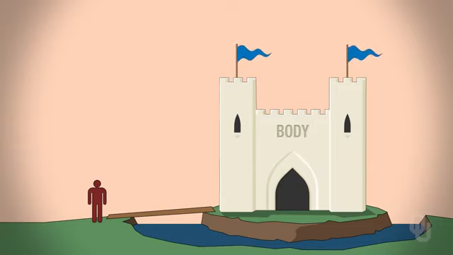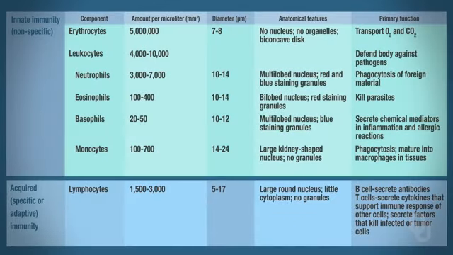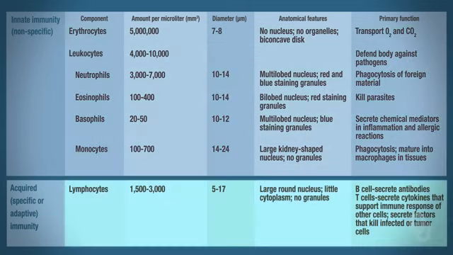These things are all taking place as the acquired response is just getting started. But remember, it's slow, so it takes a while to get the acquired response going. So neutrophils, eosinophils, basophils, and monocytes are all cells that are important in an innate response. The lymphocytes, on the other hand, are the type of white blood cell that are important in the acquired response.